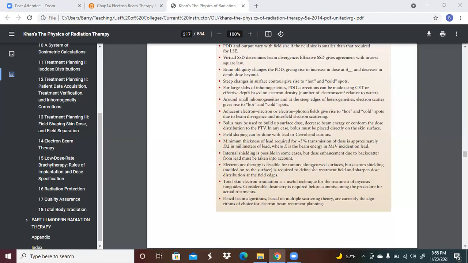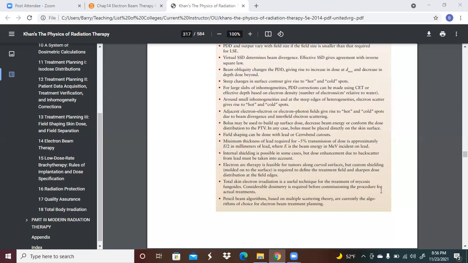Electron arc therapy is feasible for tumors along curved surfaces, but you're going to have some custom shielding to define the treatment field and sharpen the dose distribution at the field edges. This is also something that is not really done so much anymore.